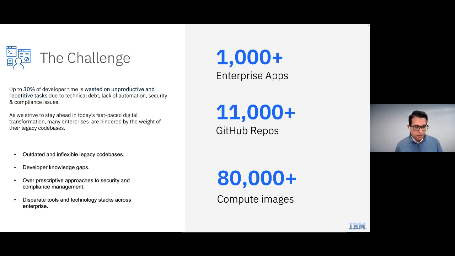Many large enterprises like us have legacy applications which support critical business functions, but they have outdated, inflexible code bases which are screaming to be modernized. Developers who are supporting these applications today, it may be possible that they did not write those code bases.